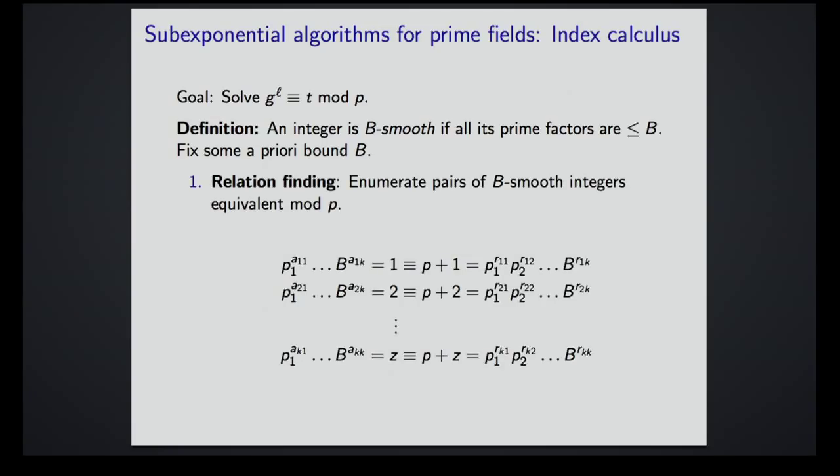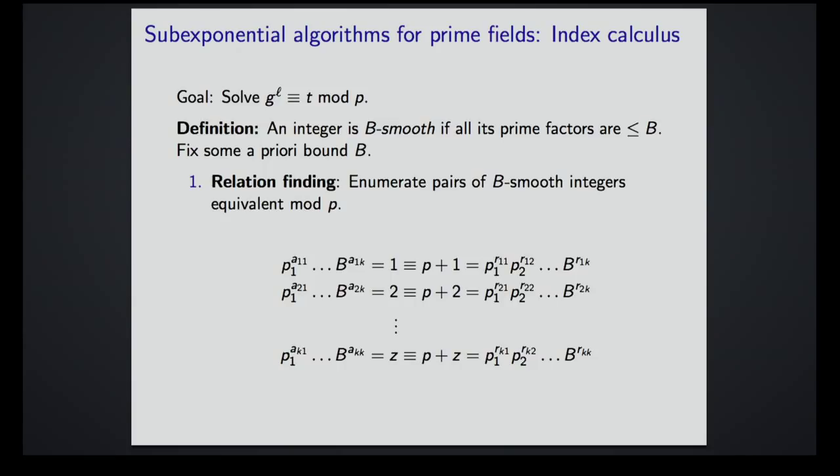So the general structure of index calculus looks something like this. This is a little bit different from what you've seen, but I'm trying to build up to the number field sieve, so you can pretend that this is the algebraic side and this is the rational side. Anyway, step number 1 in index calculus is we are going to find a bunch of relations.